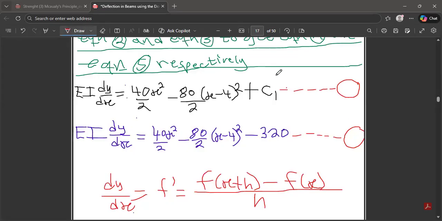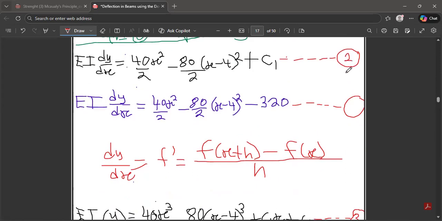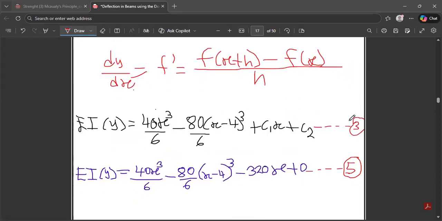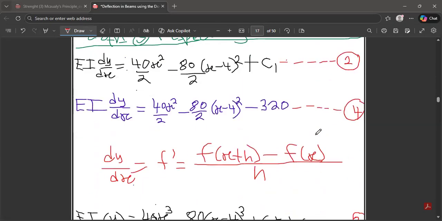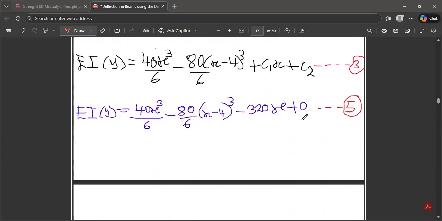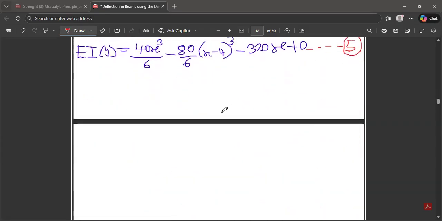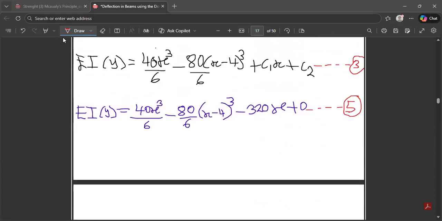The equation that I wrote was our equation 2, and equation 2 is what is going to give us our equation 4. And our equation 3 is what is going to give us our equation 5, just as we were stating in our principle.